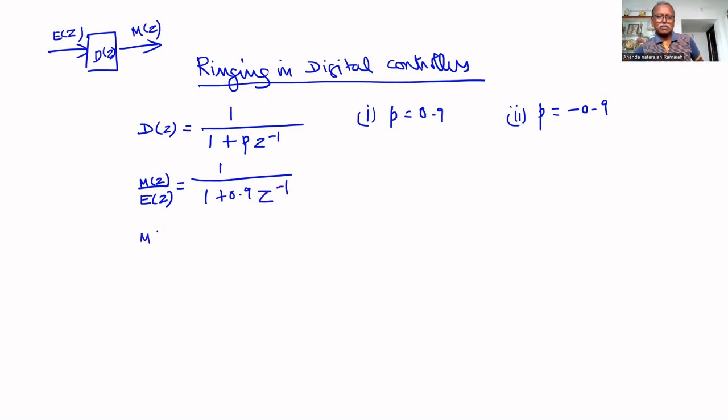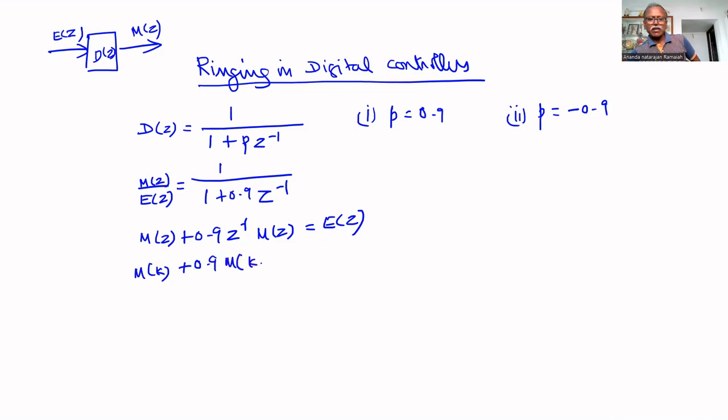Or it can be written as M of Z plus 0.9 Z power minus 1 M of Z equals E of Z. In the sample domain, it becomes M of K plus 0.9 M of K minus 1 equals E of K.